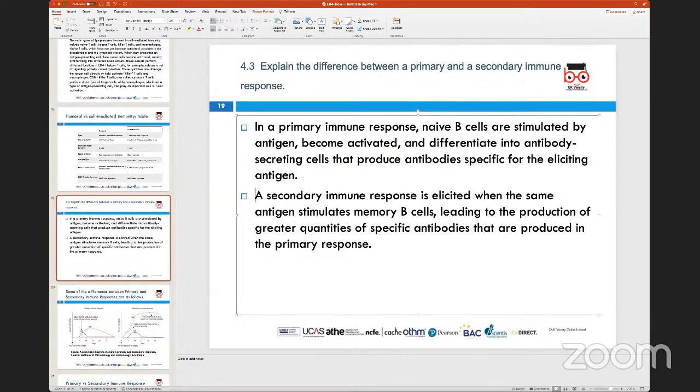Should your body come in contact with that pathogen again and it tries to cause infection, then the secondary response would be much quicker and would be initiated instantly. If I look at it from a long-term perspective in terms of immunity, the secondary response is going to be associated with the development of these memory T cells, and these memory T cells would basically be providing the human body with long-lasting immunity.